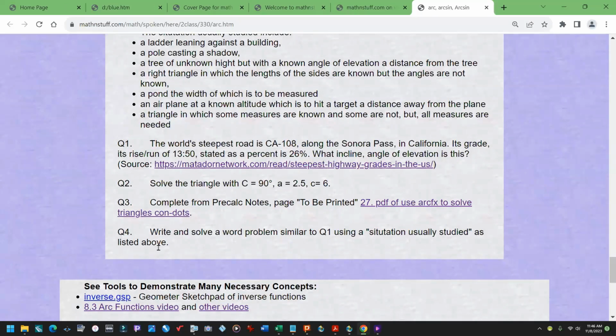The rest of your homework is to write and solve a word problem similar to question 1, using a situation usually stated, meaning make it up using these words as listed above. Homework is due. Let's make it midnight Friday night.